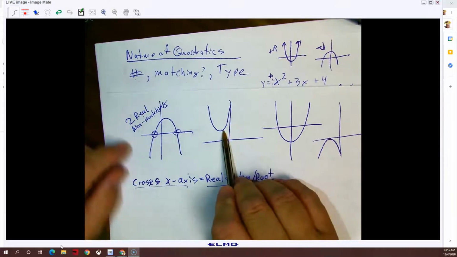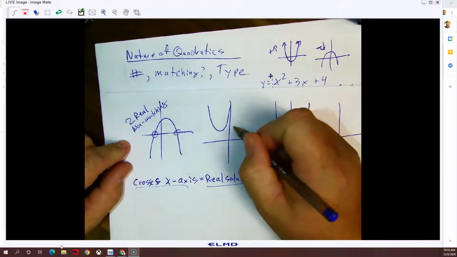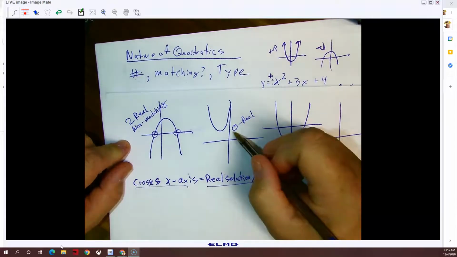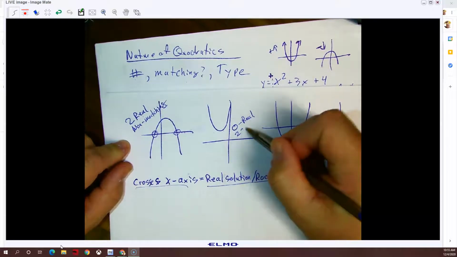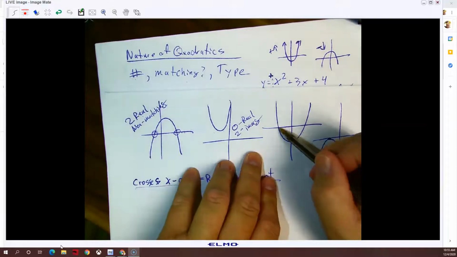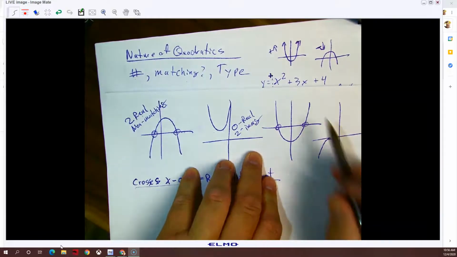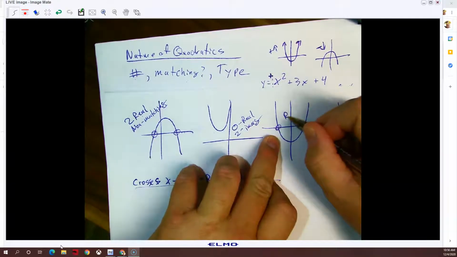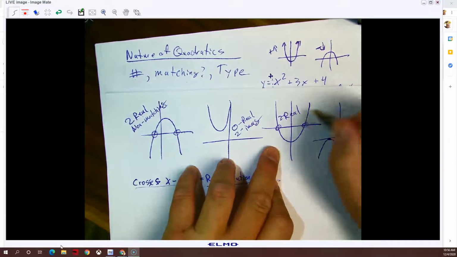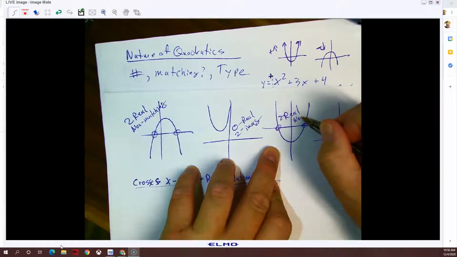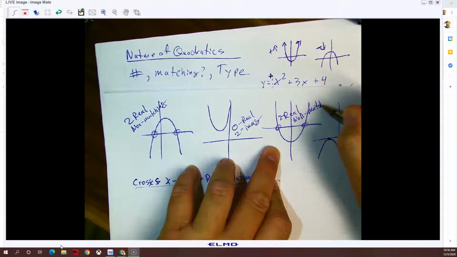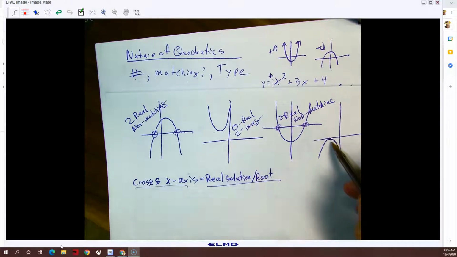And so there we go, two real non-matching solutions. Over here, we have exactly 0 real solutions. And so if we have 0 real, automatically we have 2 imaginary. In this case, it's going up. We have 2, and they are 2 real solutions, and they are not matching, non-matching. The other thing that we have going on, though, is we have this guy.